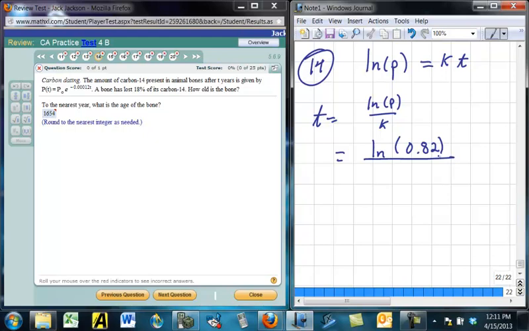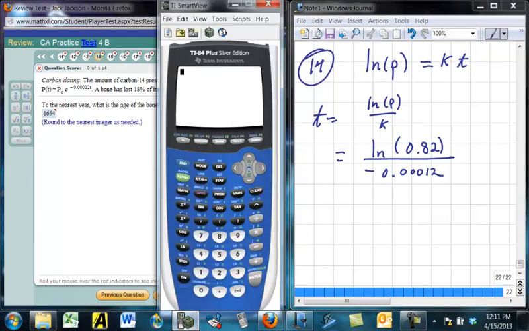Remember, p is the percentage present in decimal form, not how much you lost or gained. k is negative 0.00012, and just plug this in the calculator and this will work out.